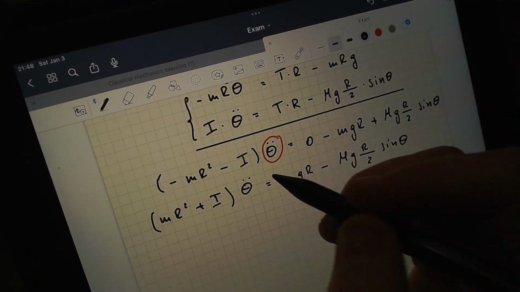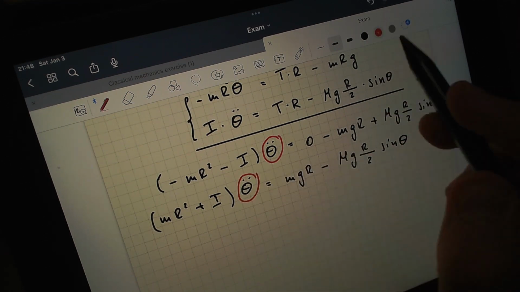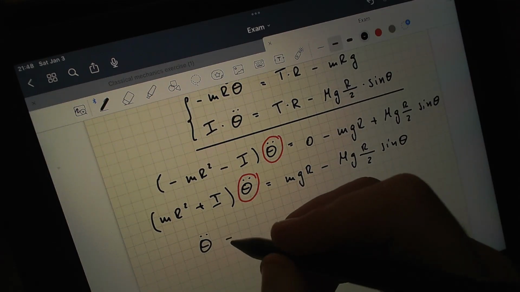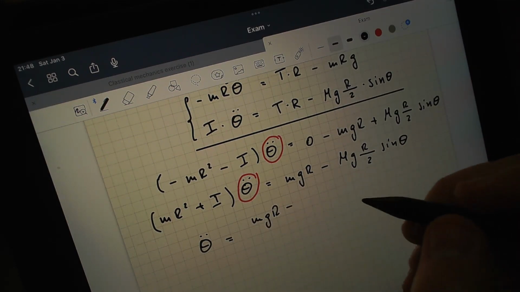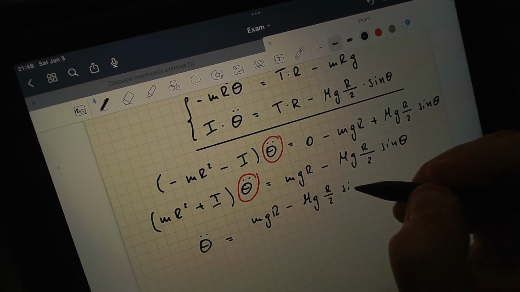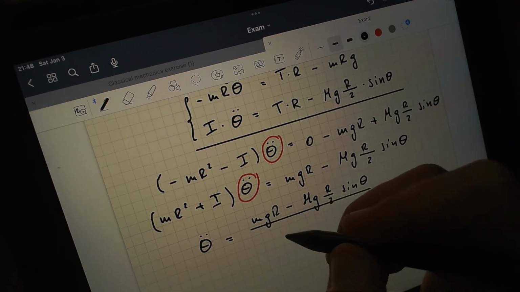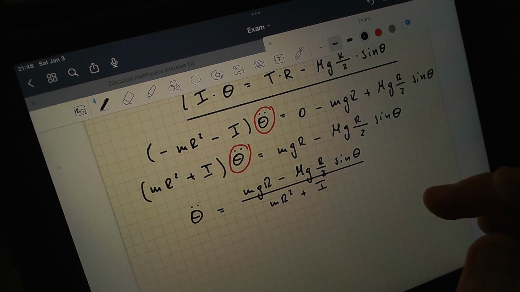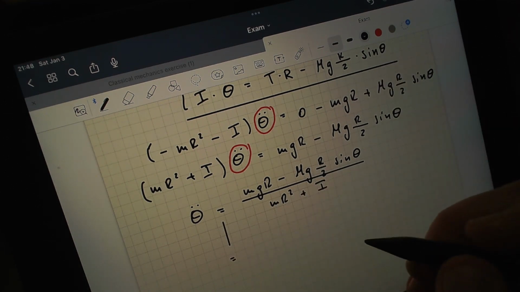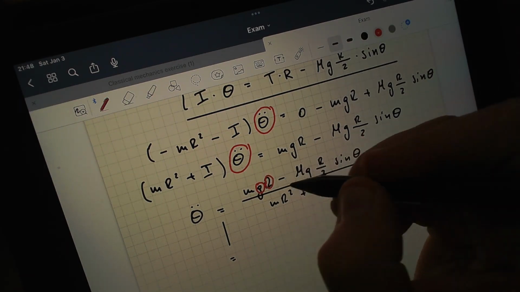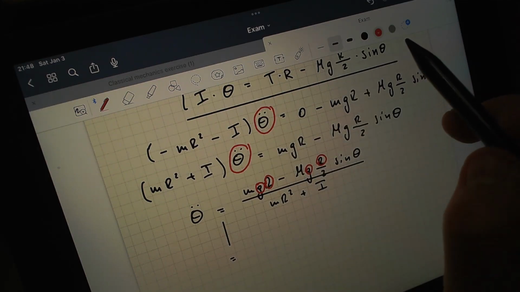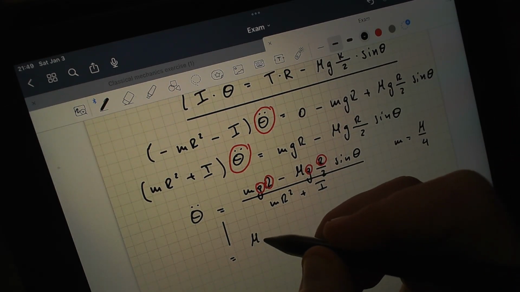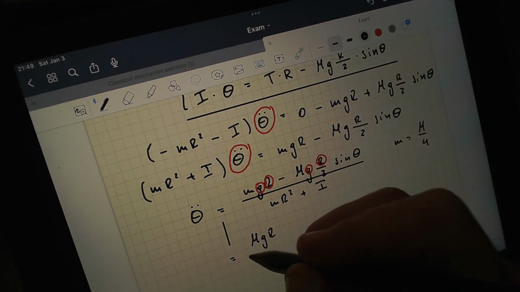Okay, so now again we have to find this value, so I'm going to divide by this term, so we end up with mgr minus mgr over 2 sine of theta, and then we have mr squared plus I. Okay, so here, for example, we can consider gr, and we also know that m is m over 4, so we can write mgr, and then here maybe it's better to do so.